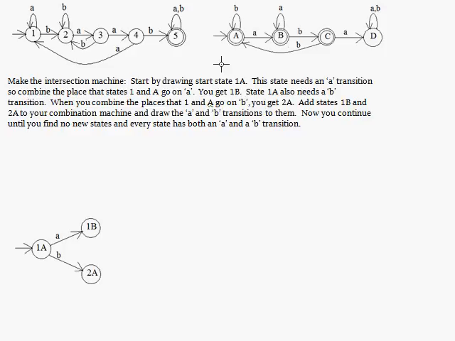That combination machine can be turned into either an intersection machine or a union machine, which means you can first draw the combination machine and then decide whether you want it to be the AND of the properties.